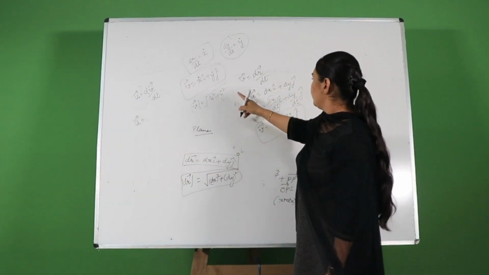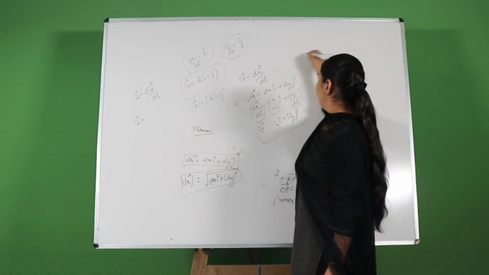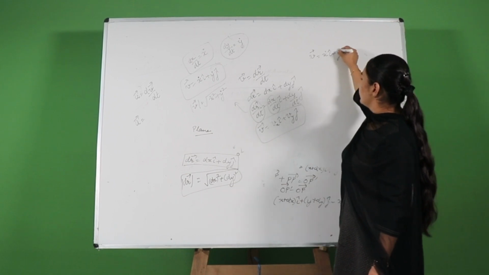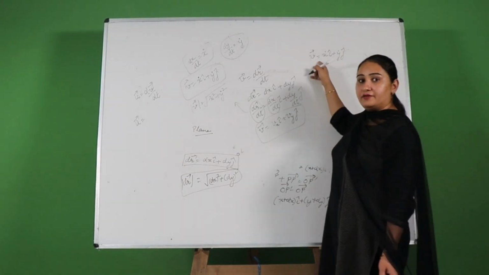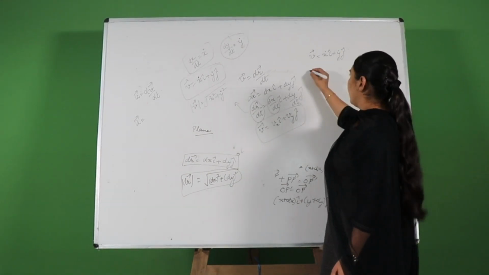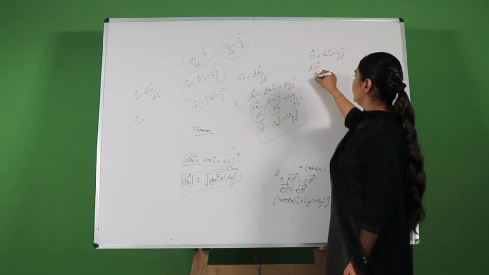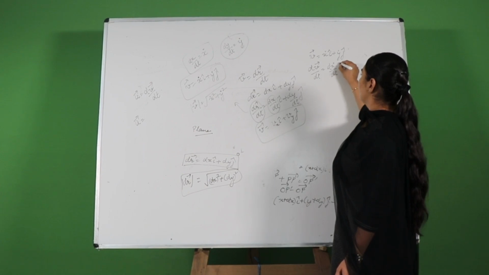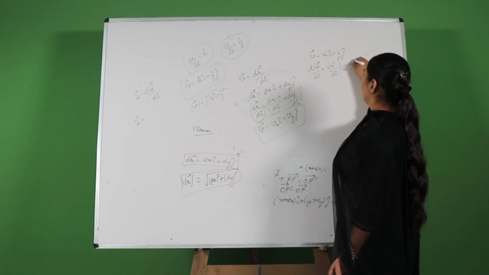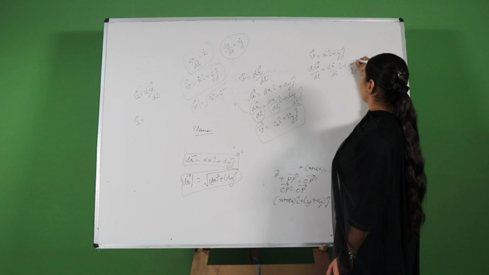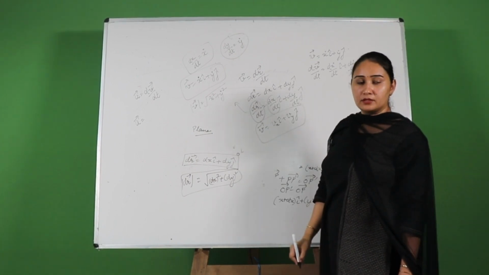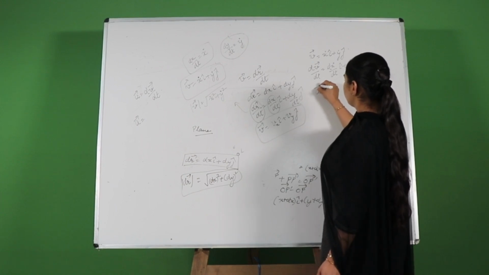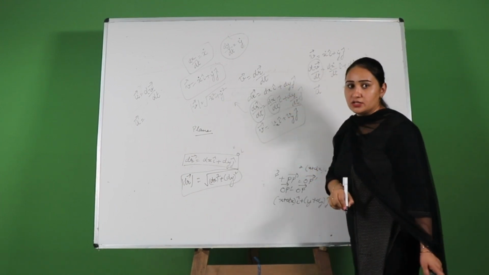My v is x dot i cap plus y dot j cap. If I differentiate both sides, I will get dv by dt equal to d(x dot) by dt i cap plus d(y dot) by dt j cap. This gives me acceleration.